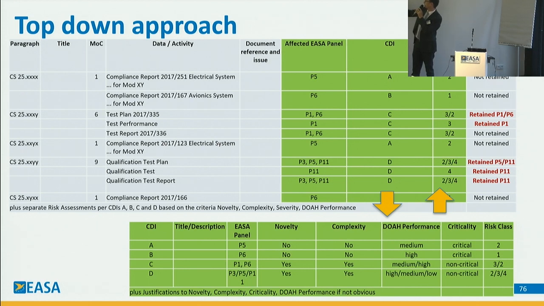And then you came up with three different risk classes depending on the involved panel for this CDI. And this is then going back into the risk class for the same CDI. We have here 3 times for 3 different documents in one CDI, and different risk classes actually depending on the panel, and therefore the involvement might be different per panel.